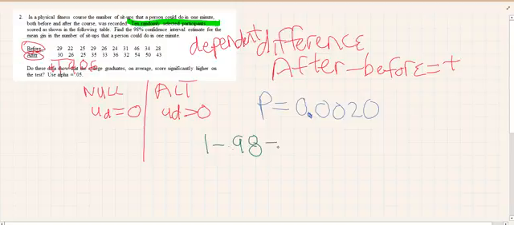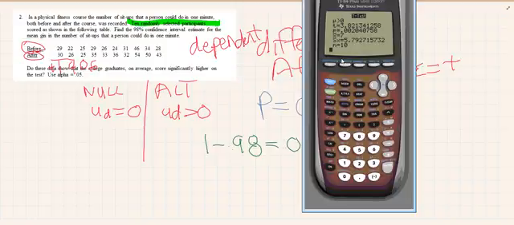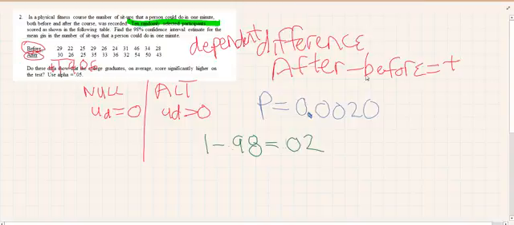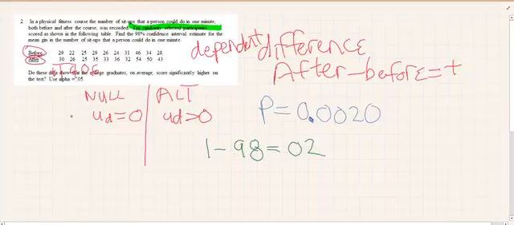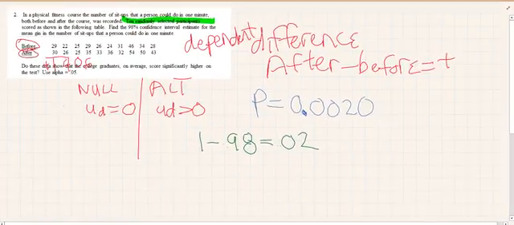Which should be 0.02, and we have 0.002 if you'll look at the calculator, and you can see that our probability is quite a bit smaller than 0.02. So it looks like we're going to reject the null. We're going to reject this null, and we're going to accept the alternative.